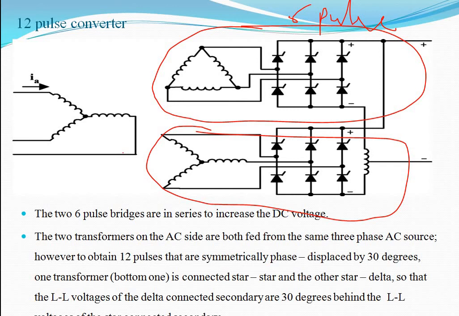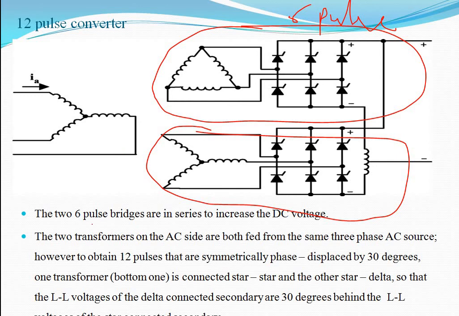So the two 6 pulse converter bridges are connected in such a way that a 30 degrees phase displacement is obtained between the two secondary 3-phase AC voltage waveforms of the two transformers.